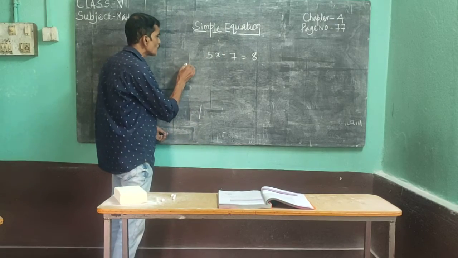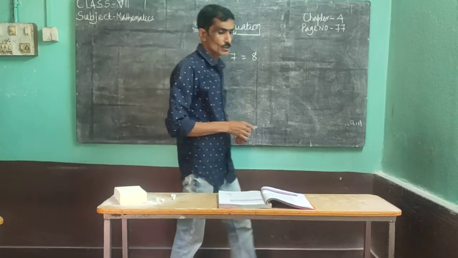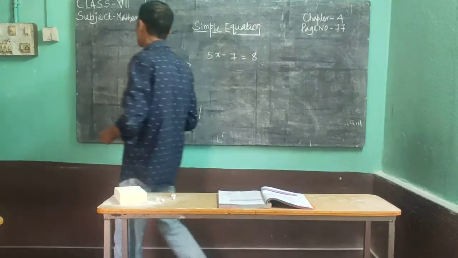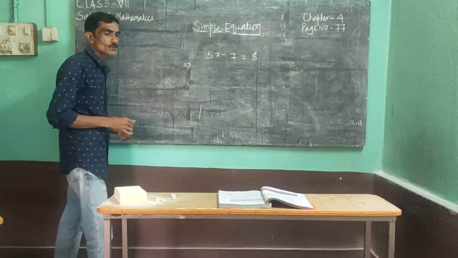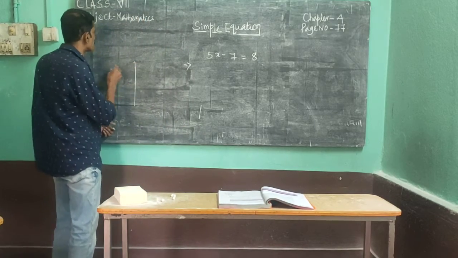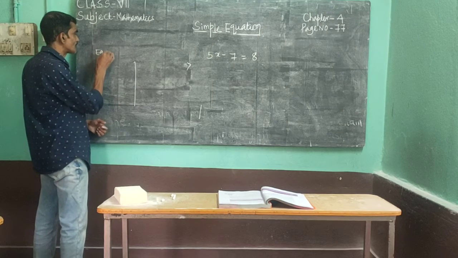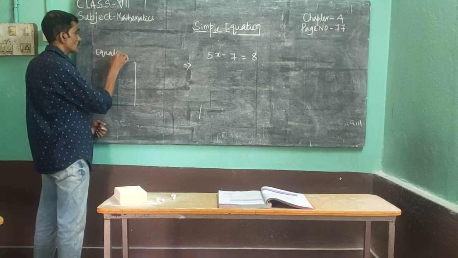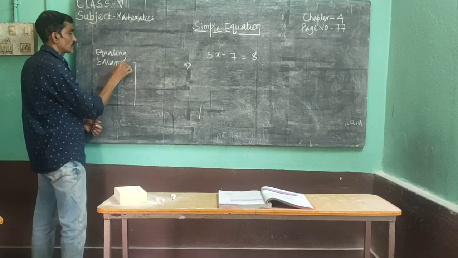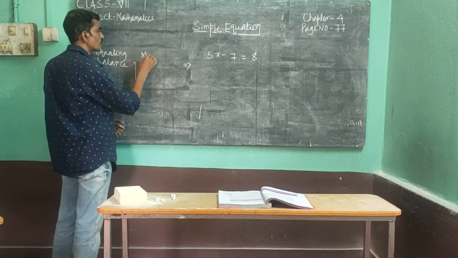How to solve? We can use two methods to solve a simple equation. Method number 1 is by equating balance. Method number 2 is by the method of transposition. Then, the method of transposition.